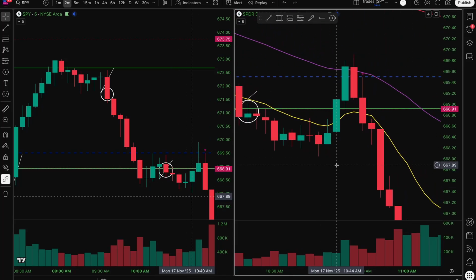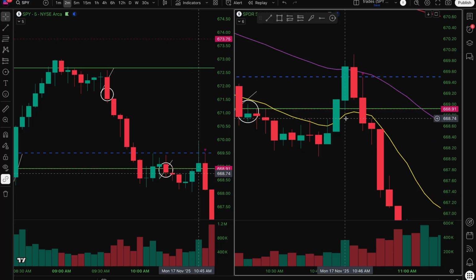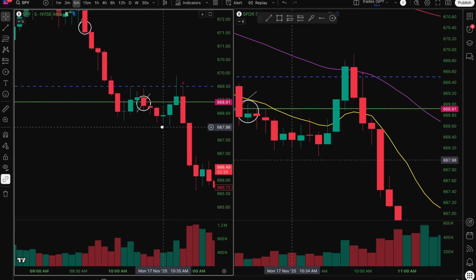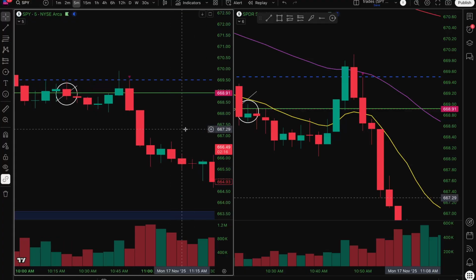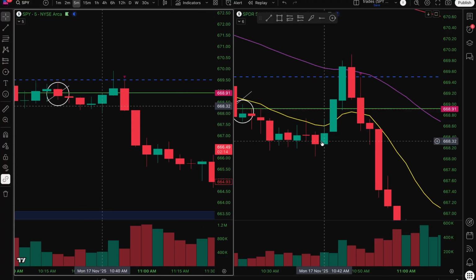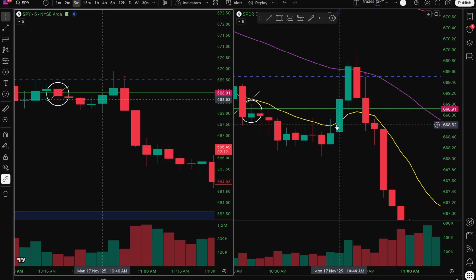From there, you get this push up, and this would have been a great entry as well. And here's where the 5-minute would have come in handy, because right off the back we pushed past the 13 EMA. So the 13 is our retest level entry, but we pushed right past it and right past the ORB level as well.